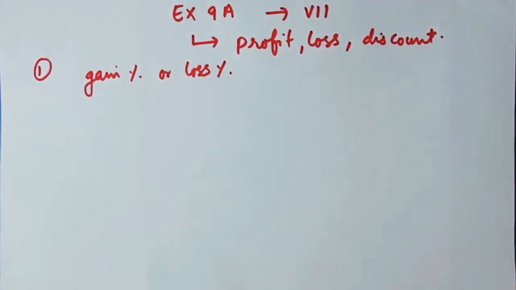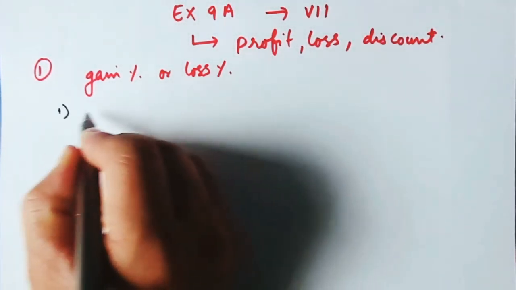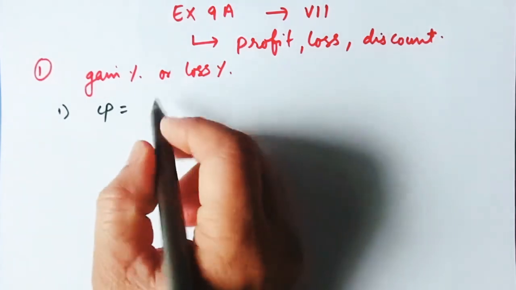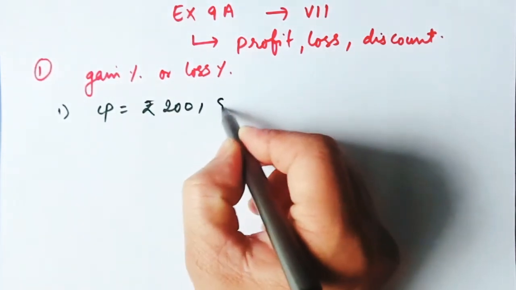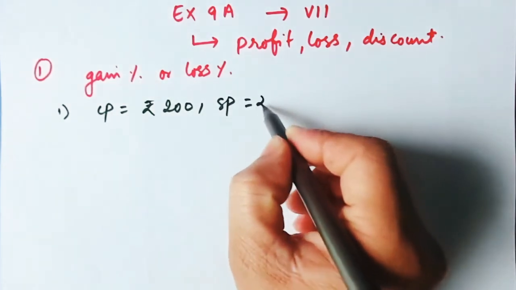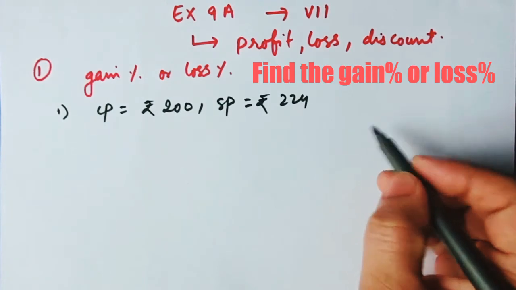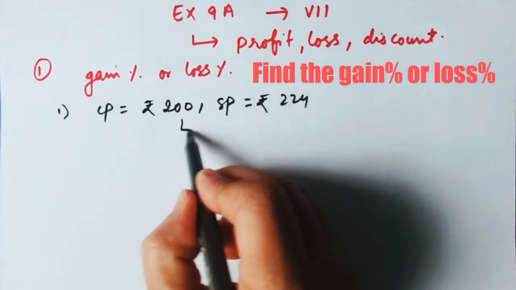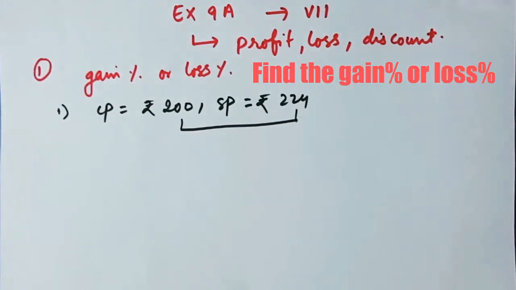For example, if the cost price is rupees 200 and the selling price is rupees 224, then naturally you will have to see whether you have earned something or you were in loss.